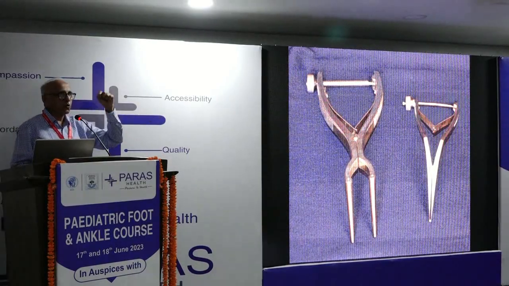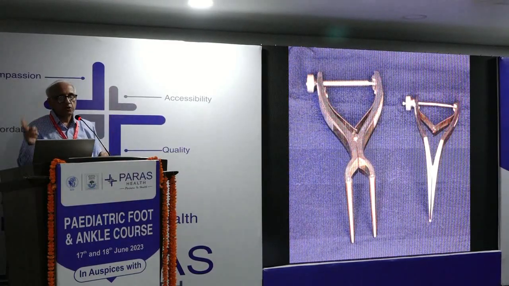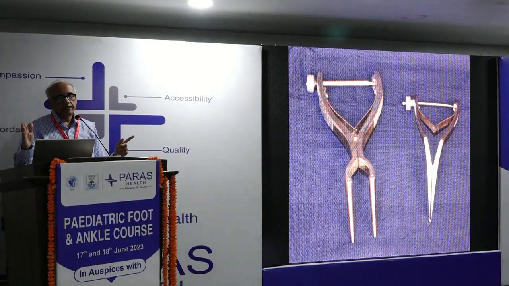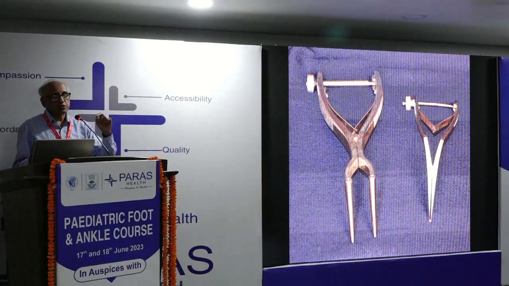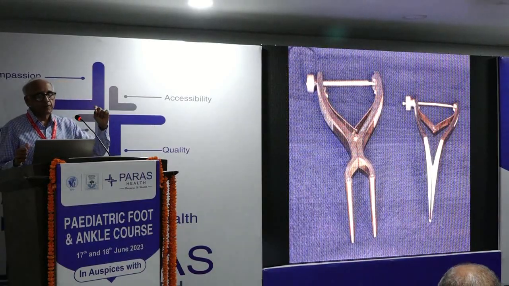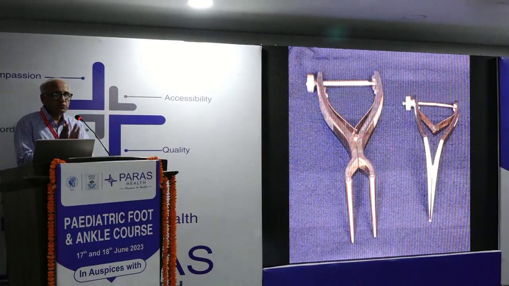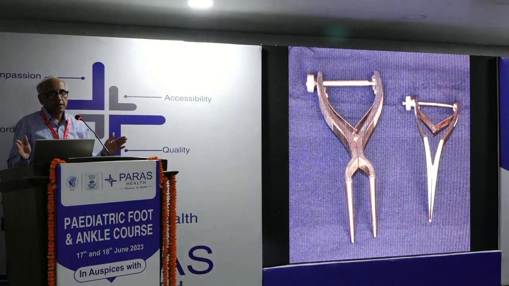There are two holes in that, and through that I pass the K-wire, one in the cuboid or the distal end of the calcaneum, and the other in the proximal part of the calcaneum. We use a 2.5 millimeter thick wire, and then we bend it, and then we use this instrument. So with the help of the K-wire, we will distract the osteotomy.